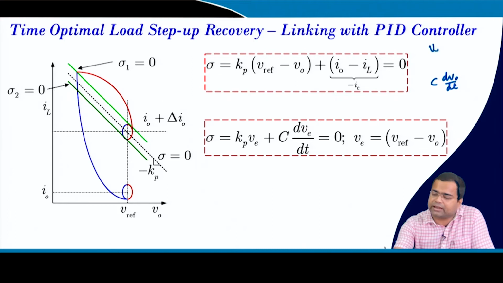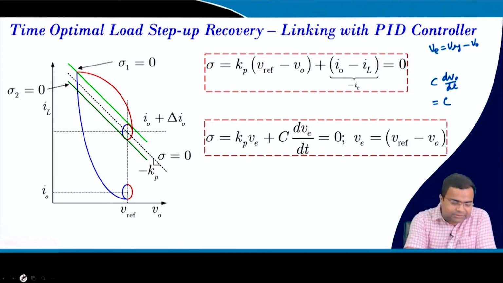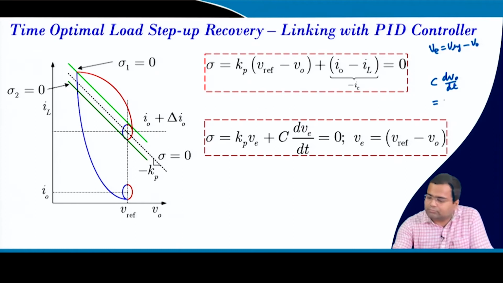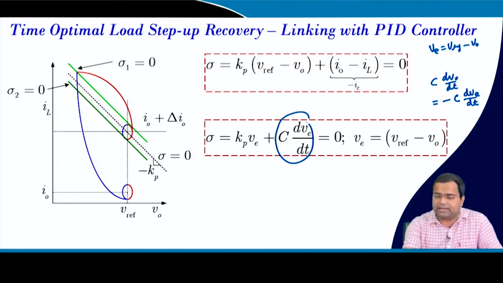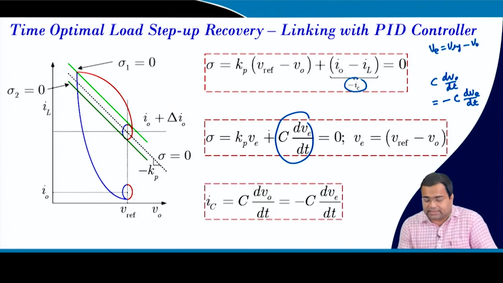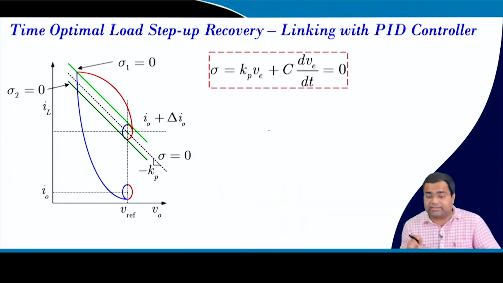We know that our error voltage is Vref minus V0. If Vref is constant, this can be written as minus of C dVe dt. So this is the capacitor current expression we have given.